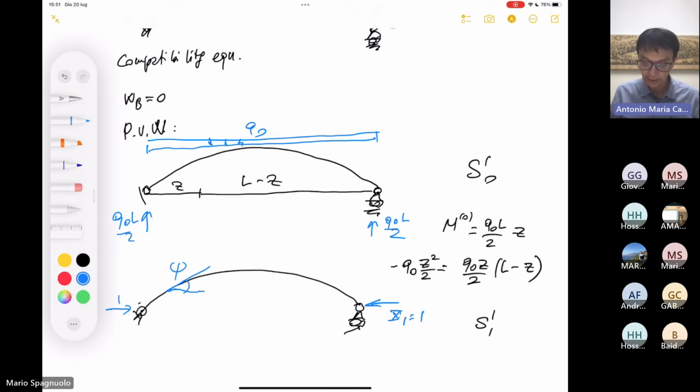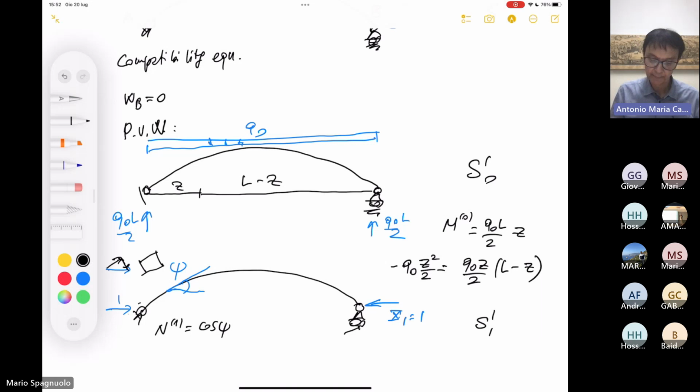It's a simple task to verify that in this system we have N1 equal to cosine of psi. We take in the generic section an infinitesimal element, we have this force 1, and we have a normal force and a shear force.